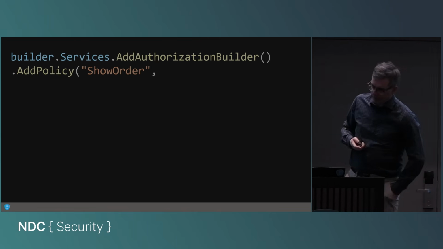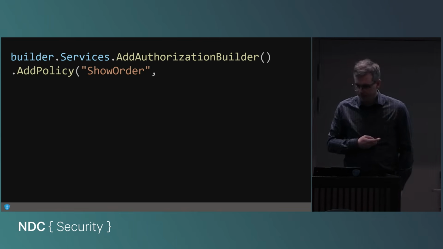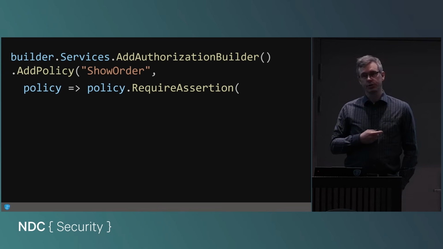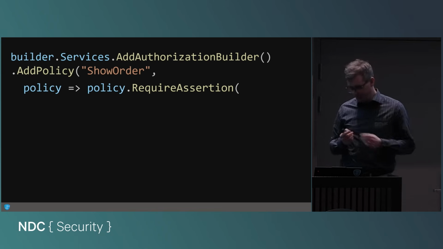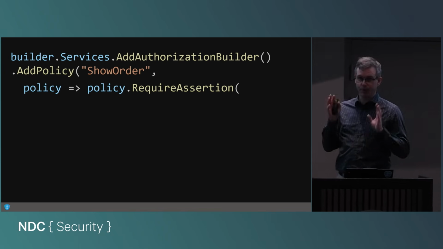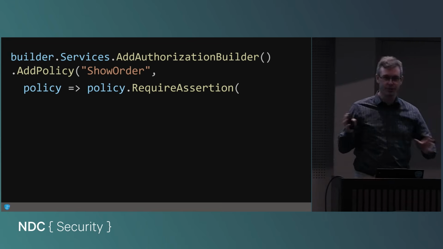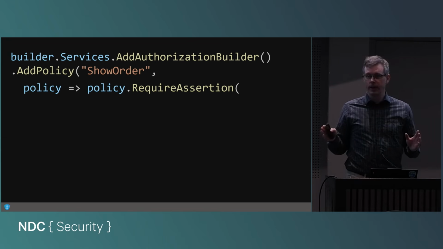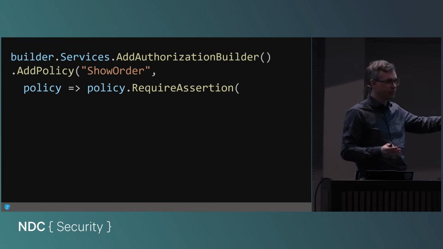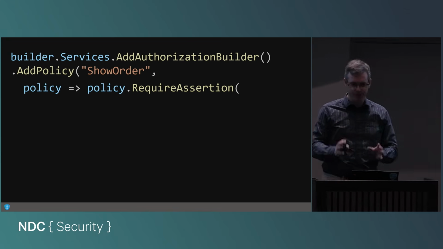The policy itself is defined as show order, where we require assertion. Require assertion is my favorite requirement, because it allows me to write an expression returning true or false. I don't have to write handlers to write custom code. I can just use require assertion.